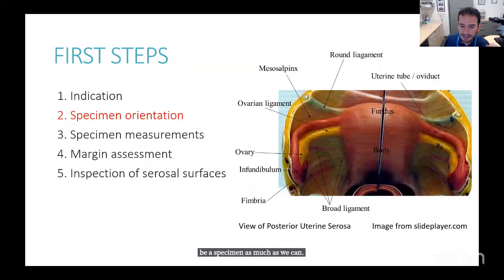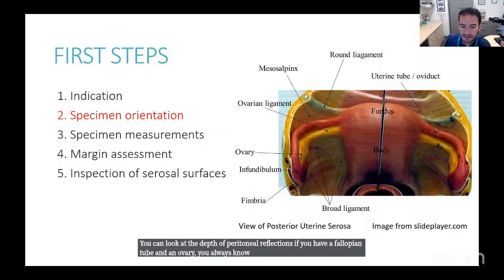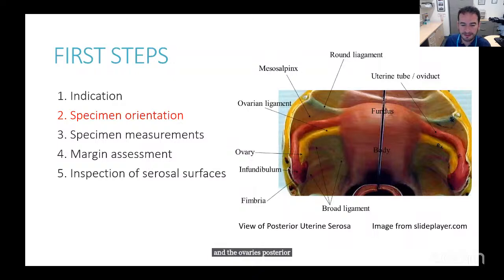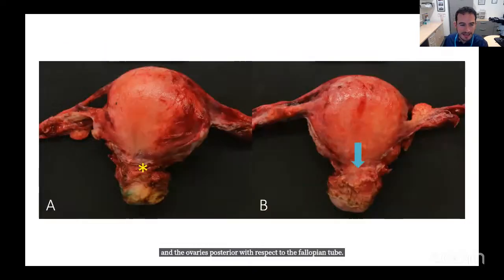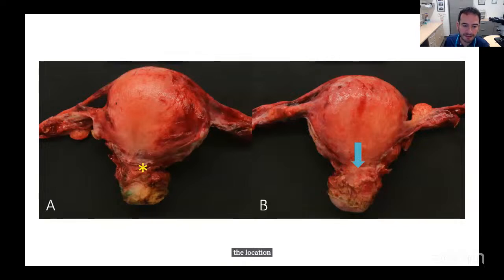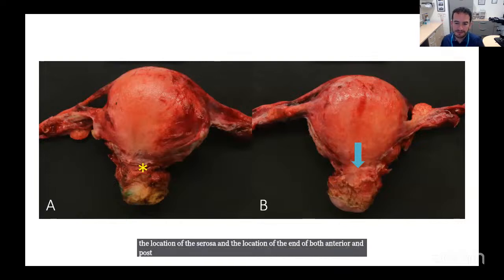You can look at the depth of peritoneal reflections. If you have a fallopian tube and an ovary, you always know that the fallopian tube is anterior to the ovary and the ovary is posterior with respect to the fallopian tube. In the vast majority of cases, the location of the serosa and the end of both anterior and posterior peritoneal reflections is the most reliable feature, the one that I look at the most.